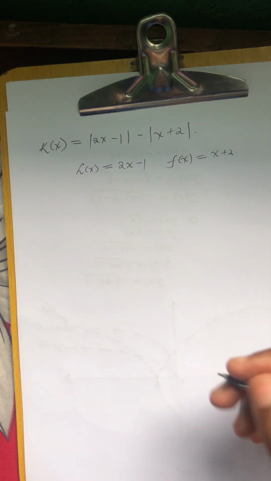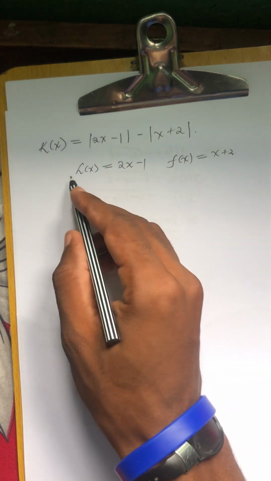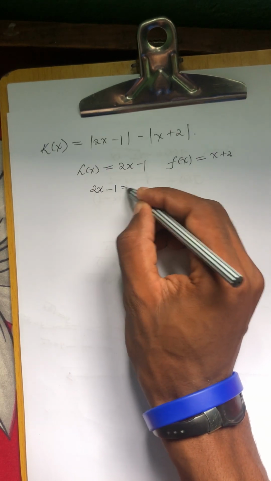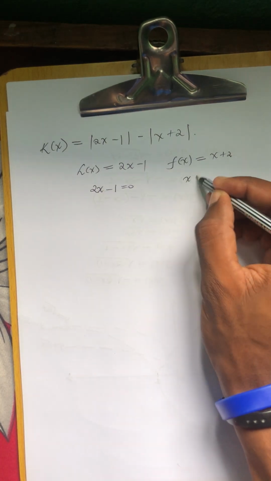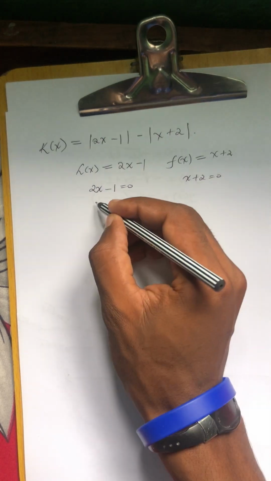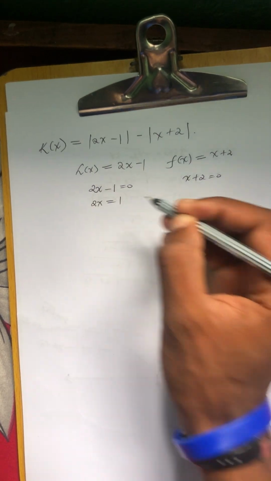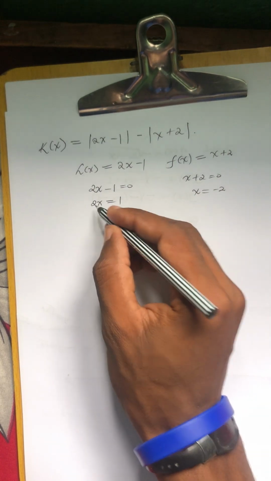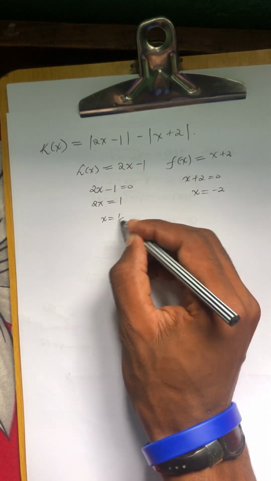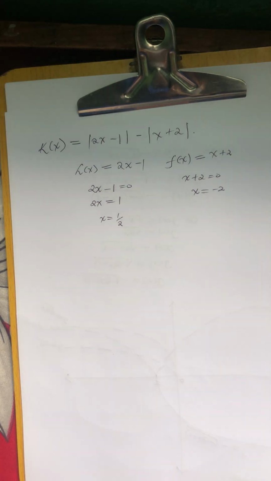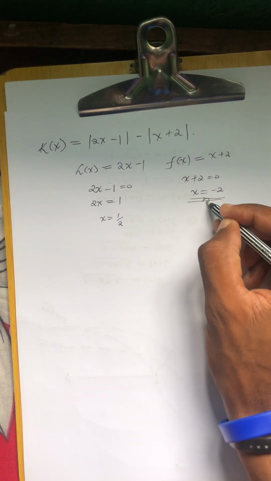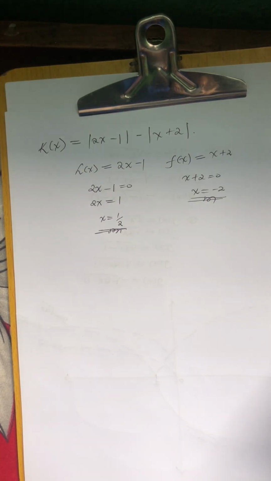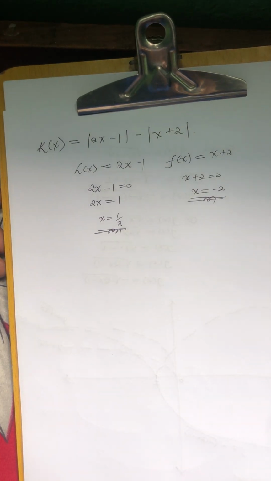If 2x minus 1 equals 0 and x plus 2 equals 0, then 2x is equal to 1, so x is half, and x is equal to -2. So these are the critical points or the breaking points.